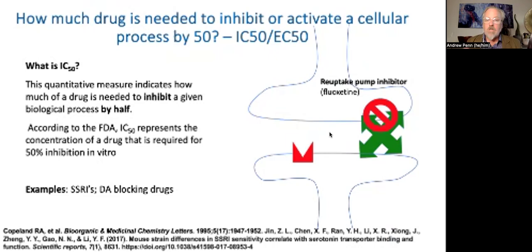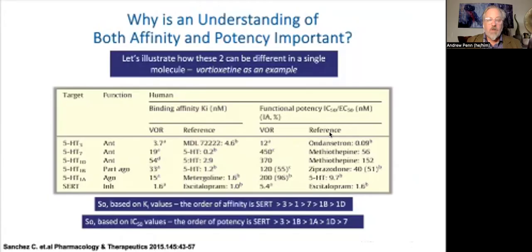So how much of an SSRI do we need to inhibit that pump activity by 50%, or to block the activity of a receptor by 50%? So when we take all this together, both the Ki, which is this middle section here, and the functional potency, how much does it inhibit the activity of a biologic process.